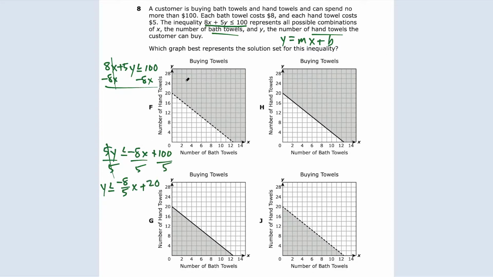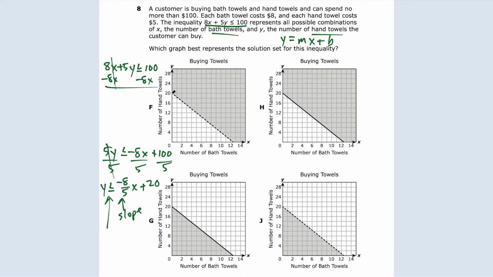So notice every single answer choice here, the y-intercept is 20. So that's not going to be helpful here, but what will be helpful is the slope and the inequality sign. So the slope here is negative 8/5, which tells us that the line should be going down 8 units and over 5 units. So let's say I look here.